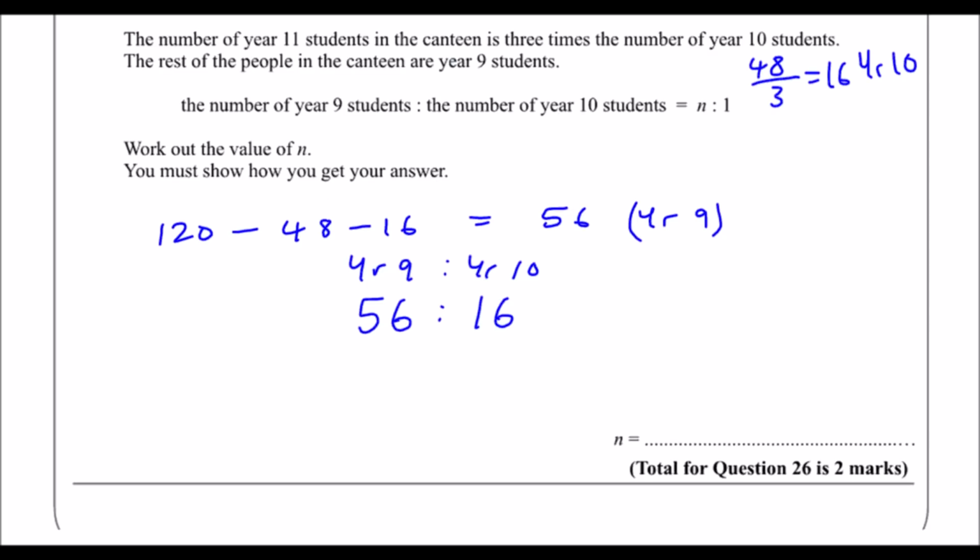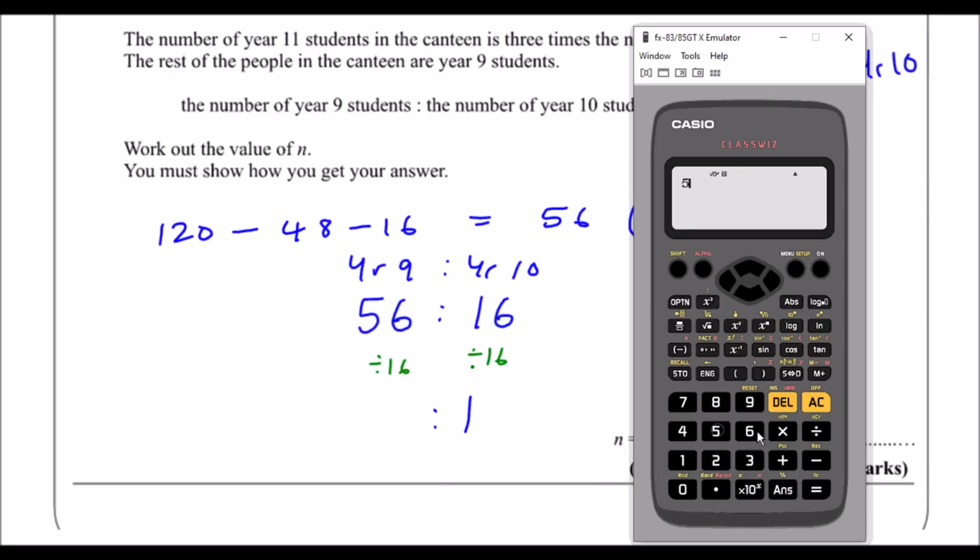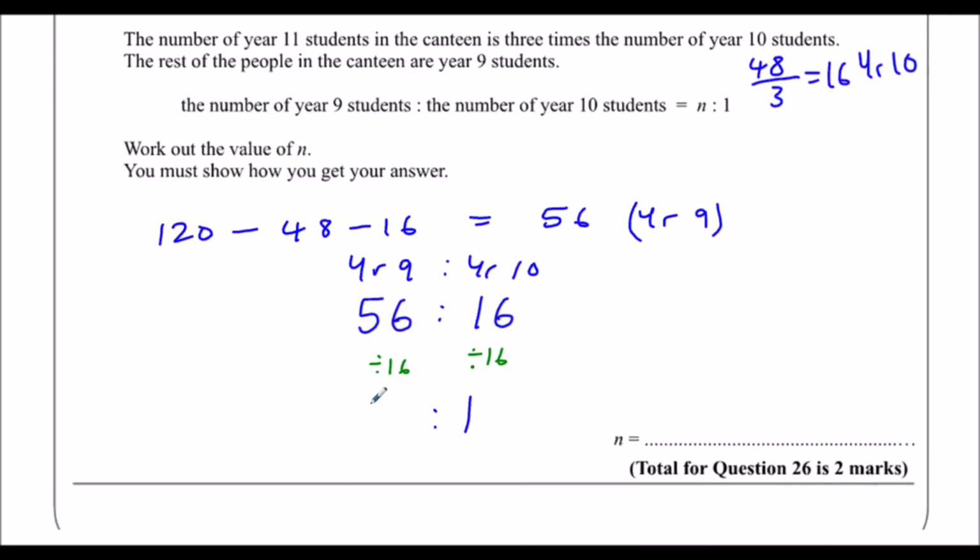So we need the year 10s to be one part. So we divide both of them by 16. So that will give us a 1 here. So 56 over 16 is 7 over 2, or 3.5. Either one would be okay. So n is either 7 over 2 or 3.5.